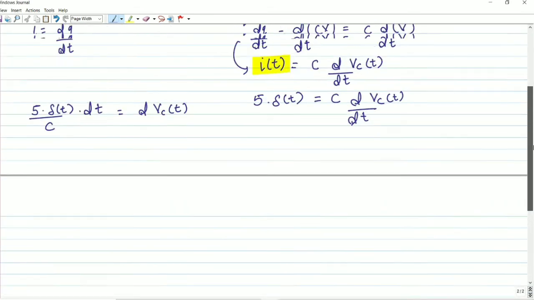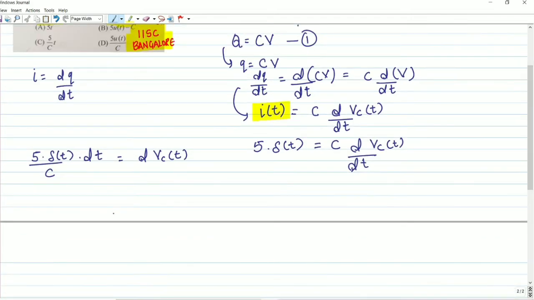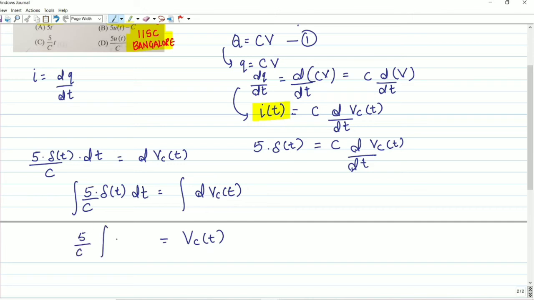Let me further simplify. What I am going to do next is take integration on both sides. It will become the integral of phi delta(t) divided by C dt equals the integral of dV(t). Understood this part? The right hand side will become V, the voltage across the capacitor. And focus on the left hand side. Here phi by C is constant. When I take it out of the integration, the integration will become the integral of delta(t) dt.